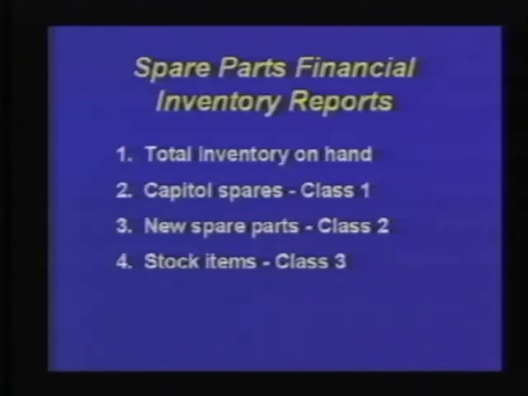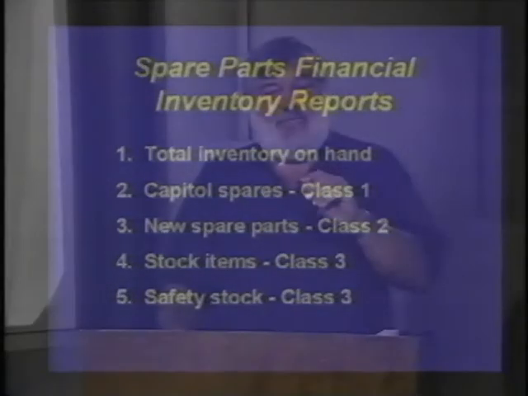And then part of that, don't forget, we have a total of 18 class codes. So item 5, the safety stock, is really part of class 3, but if you look at your inventory class codes, that is really identified as class 4, and then so on.